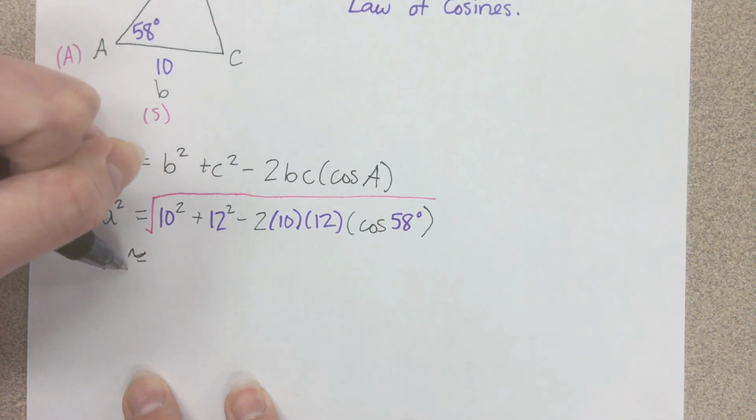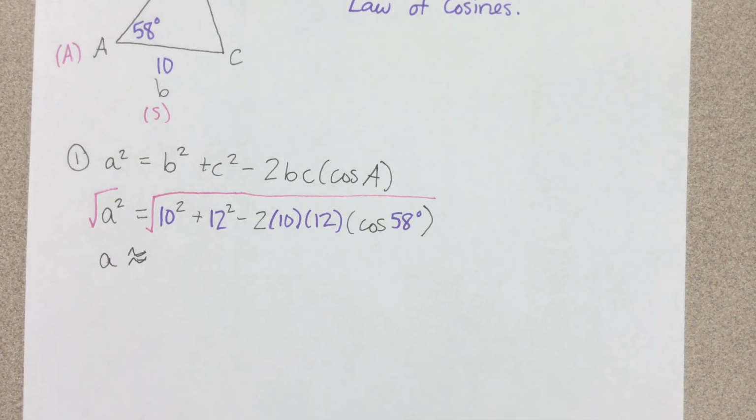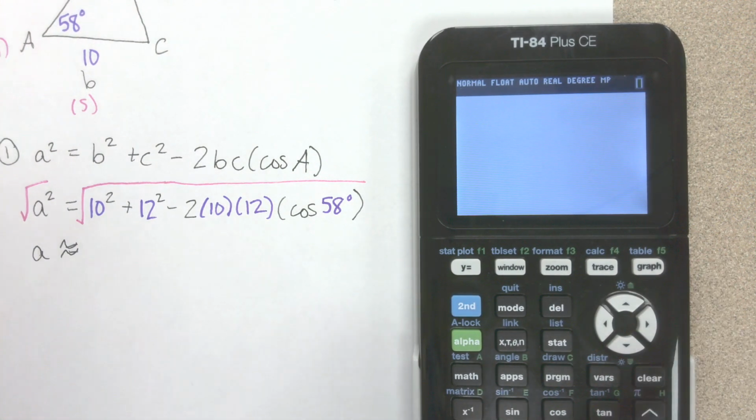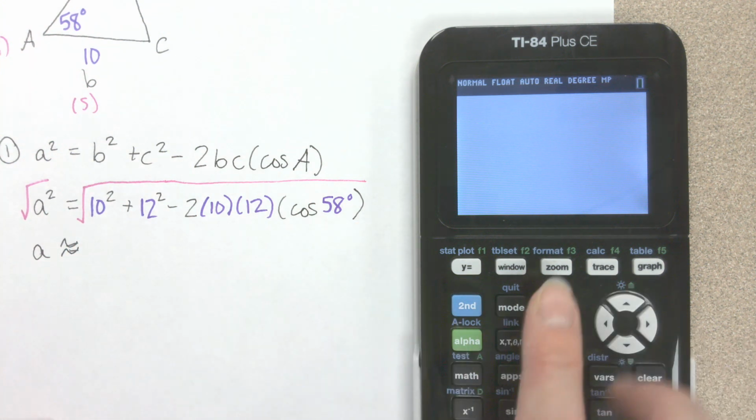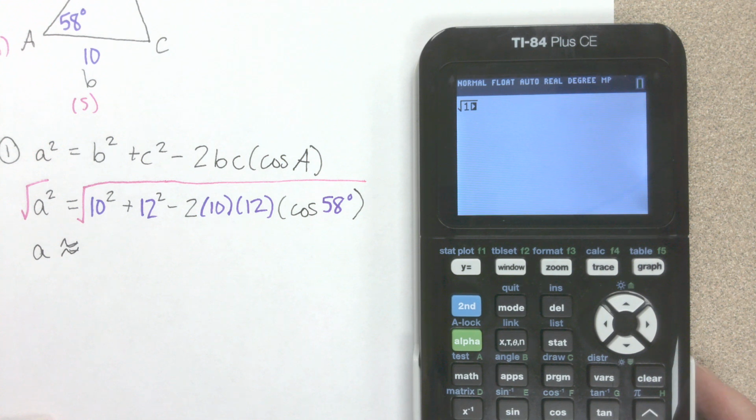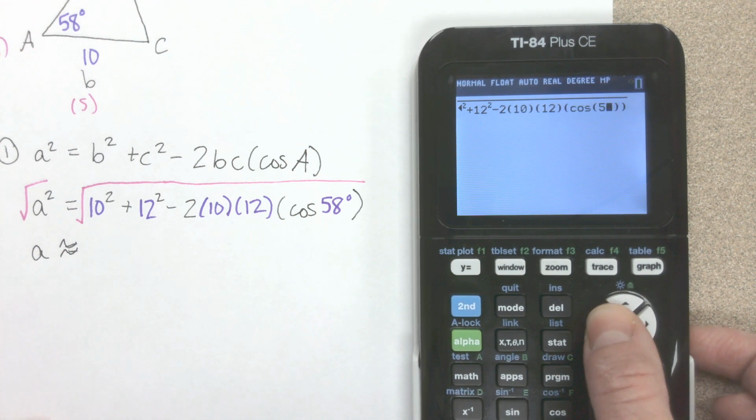And this will definitely be rounded. Are you saying get this number and then square root it? Yeah, of course. And when you're doing this, after you're done, just go back over your work before you hit enter, because it is very easy to make a mistake when typing all of this in.